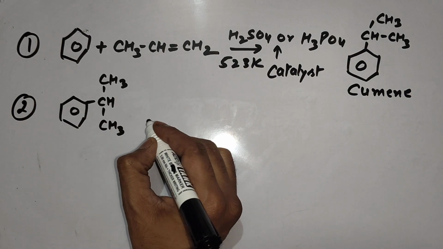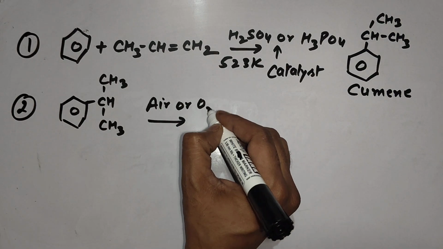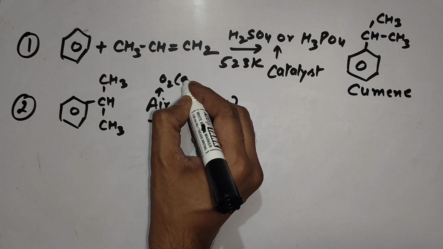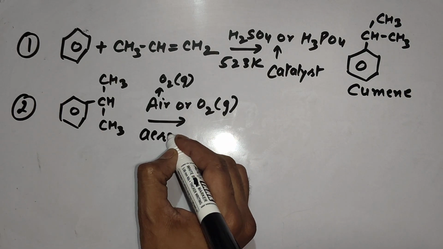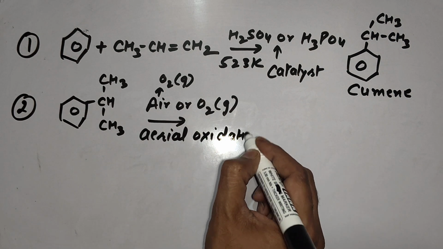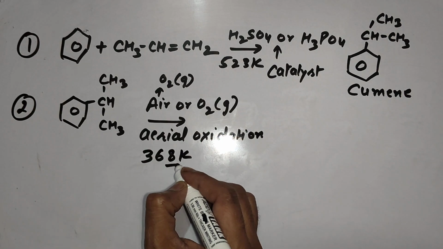Now in the second step, from this cumene, we will pass air or directly oxygen gas. In air, oxygen gas is available which will react with this cumene. We call it aerial oxidation. Obviously, we need to heat it also up to 368 Kelvin temperature.